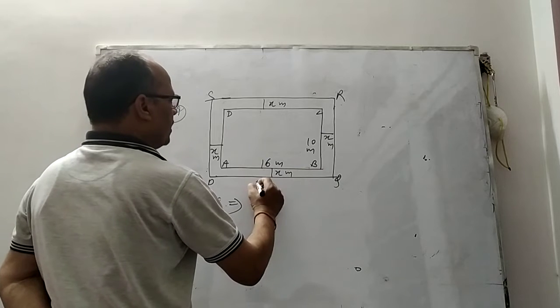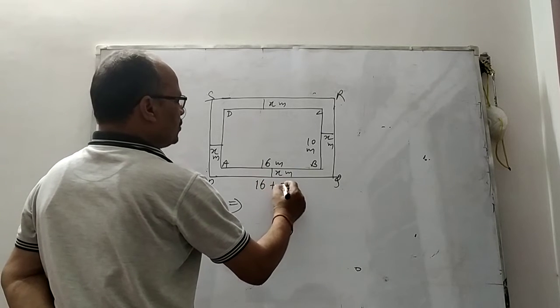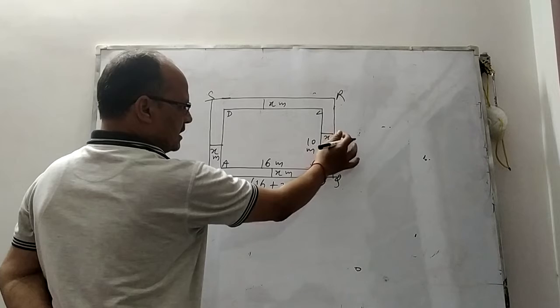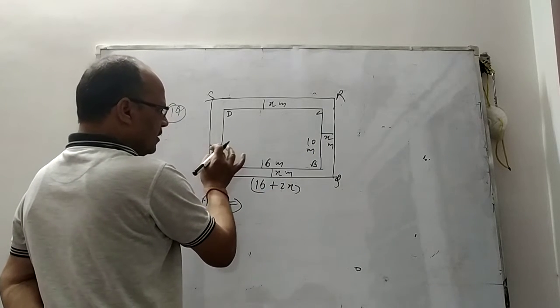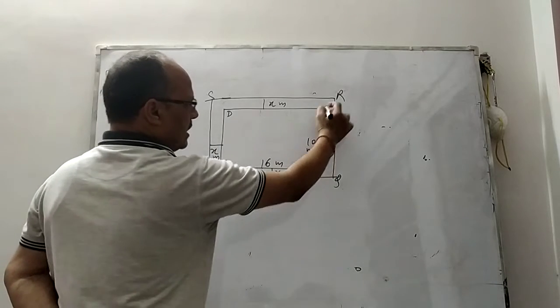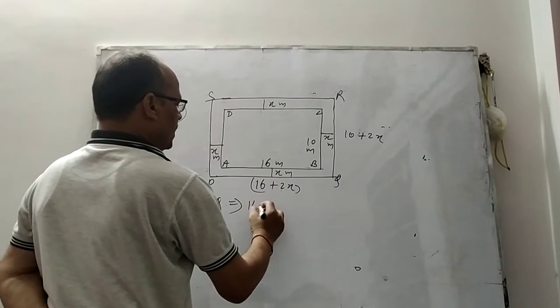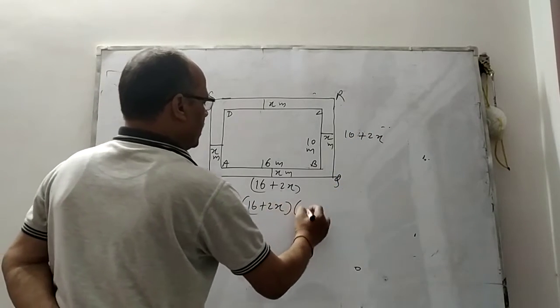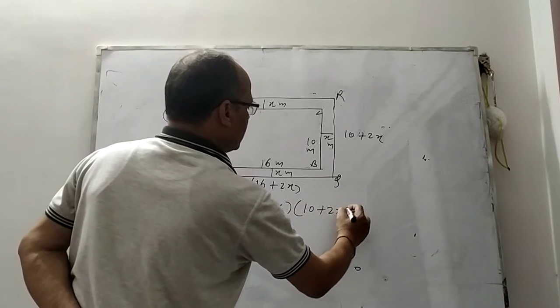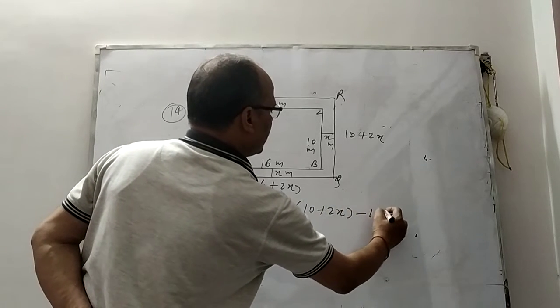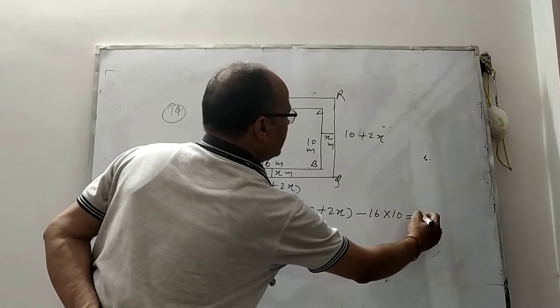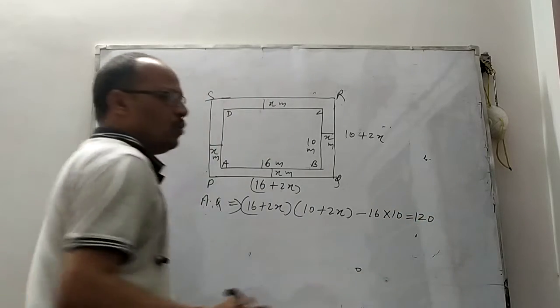So, what is the length of PQ? 16 plus 2x, x is here, x is here. Same way, 10 plus 2x.